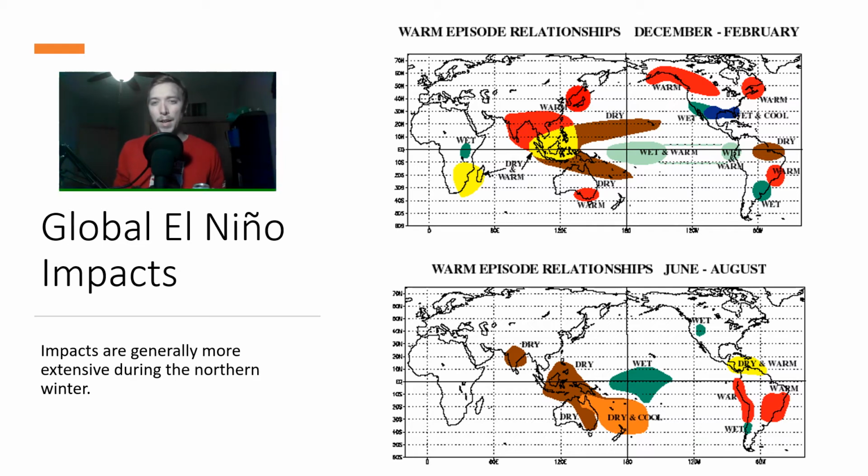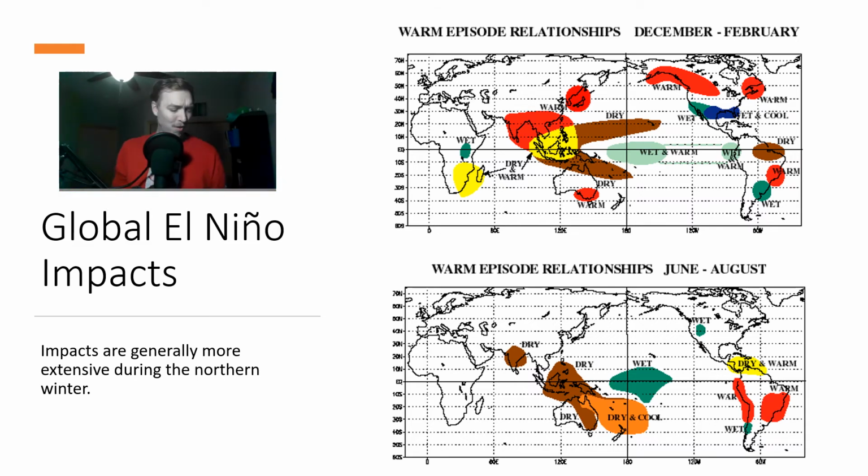We see a lot of drying in those equatorial or subequatorial regions throughout the middle of the Pacific. Wetter conditions along the southwest US, wetter and colder conditions along the Gulf Coast, wetter and warmer conditions right along the equator, between Papua New Guinea and Ecuador and Peru.